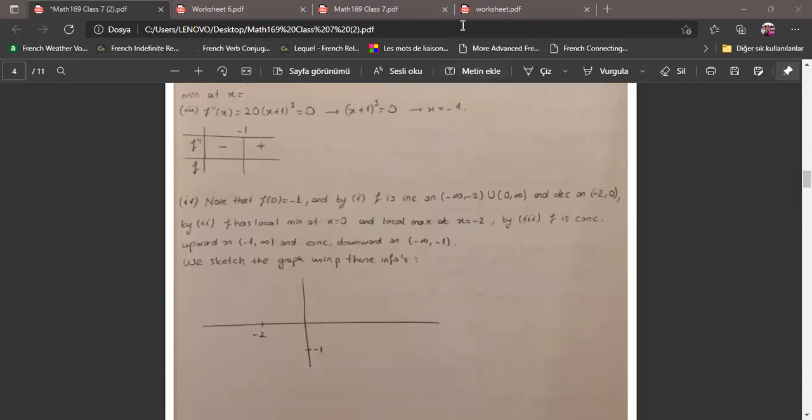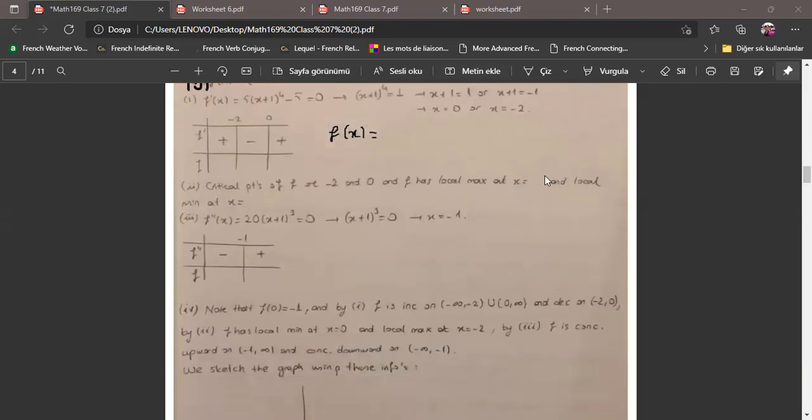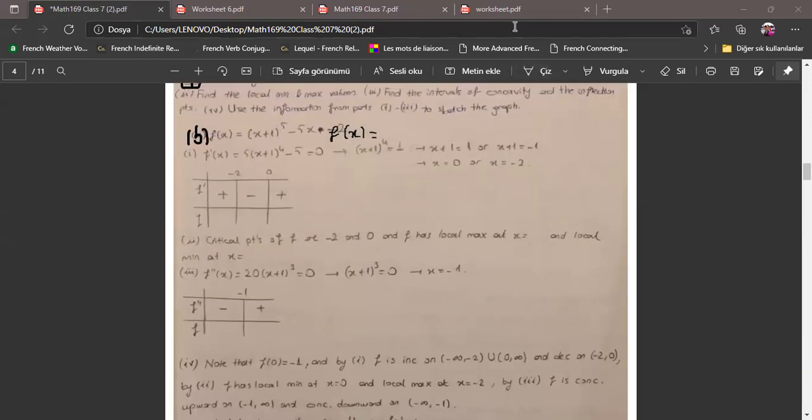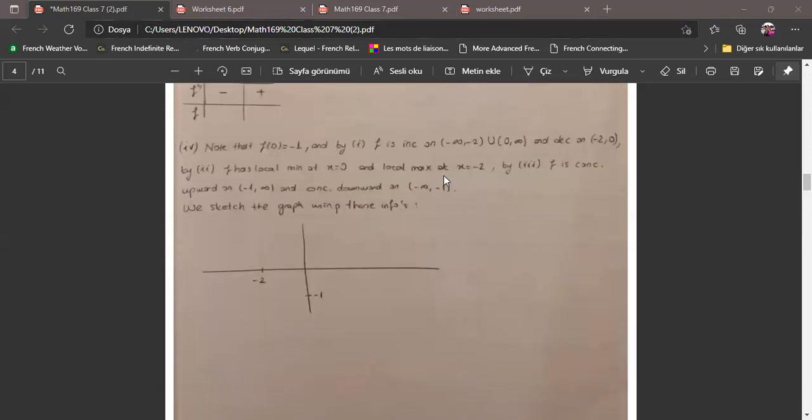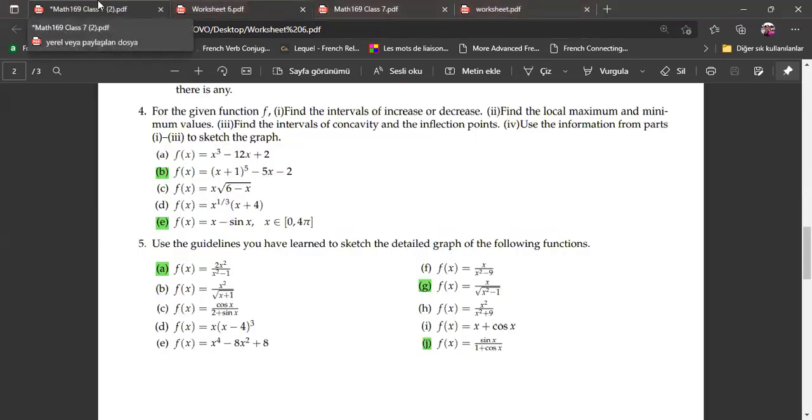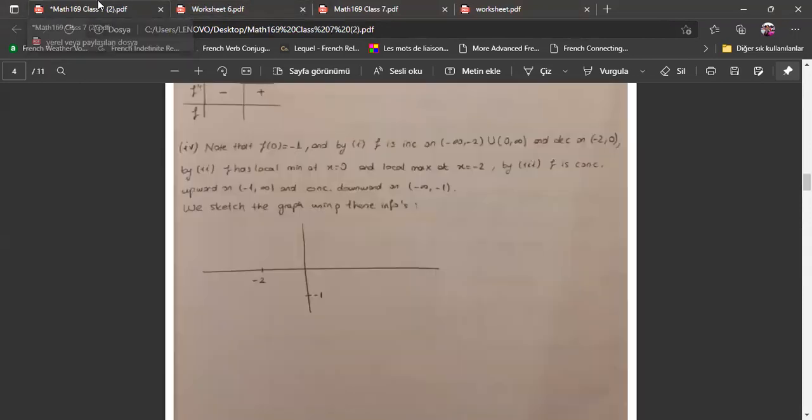So first, let's rewrite the function f of x. All right. Now what do we have?